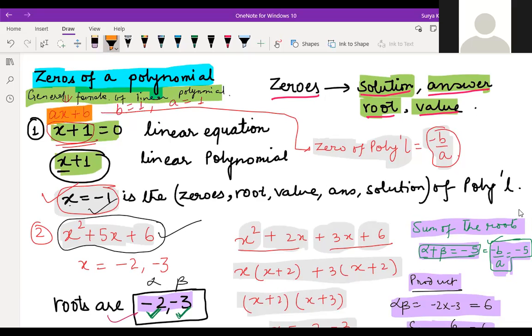So see this polynomial here, x plus 1. If you compare ax plus b and x plus 1, what do you get as the values of a and b, children? If you compare here, well, just let me put one line here.